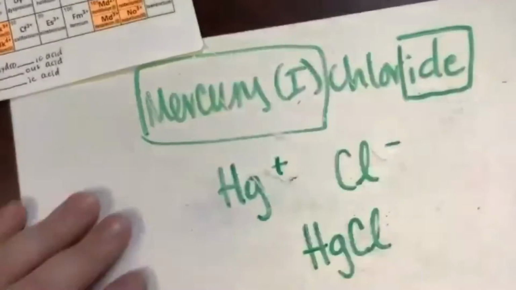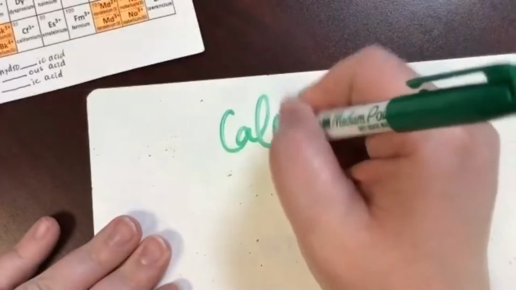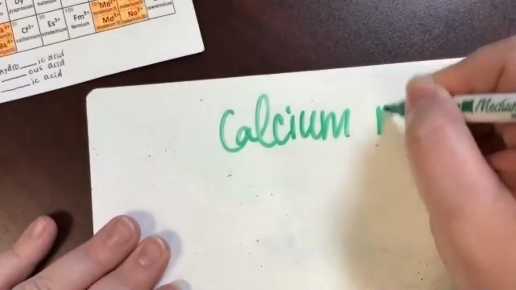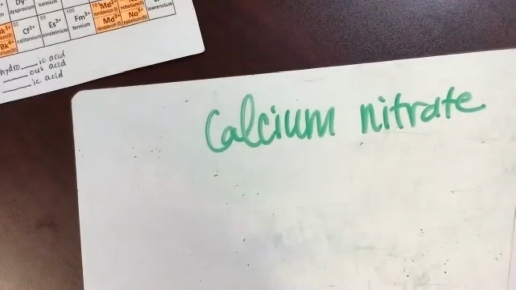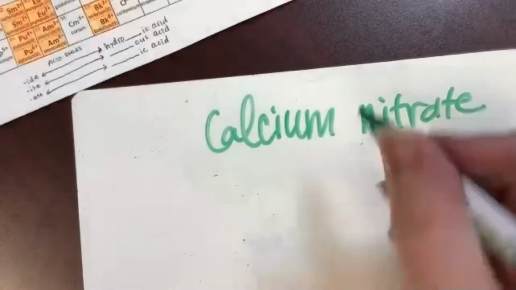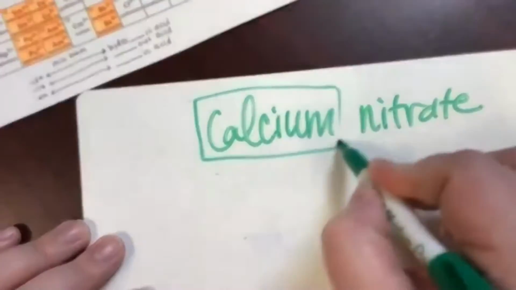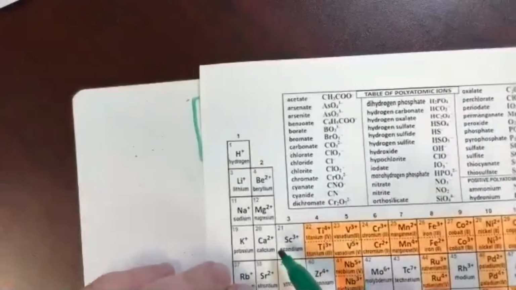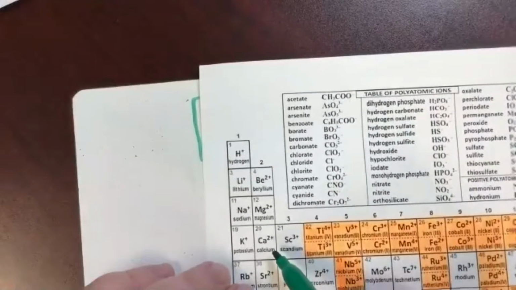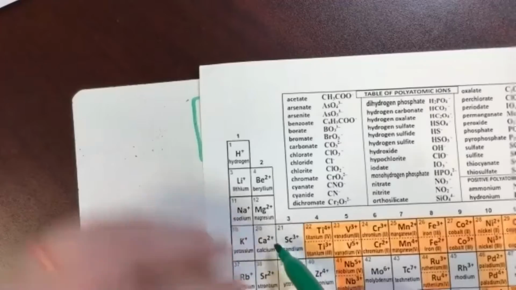All right, the next one is calcium nitrate. Okay, so calcium, remember that about 95% of the time, this is going to be on the front side of the periodic table. Calcium is the first term. I go to my periodic table. I find calcium. That's Ca2+.